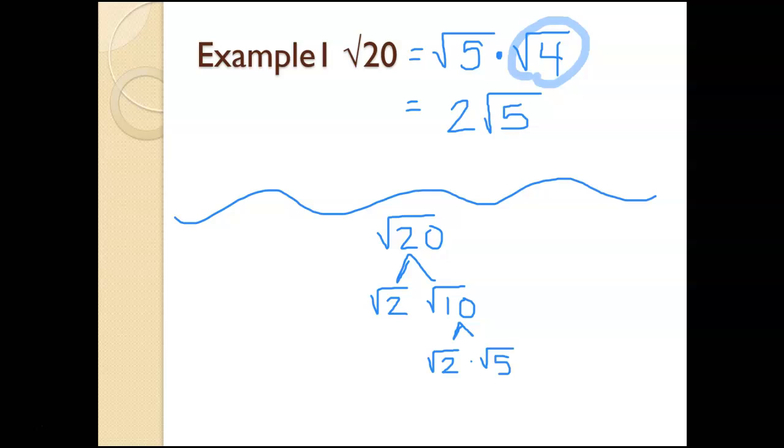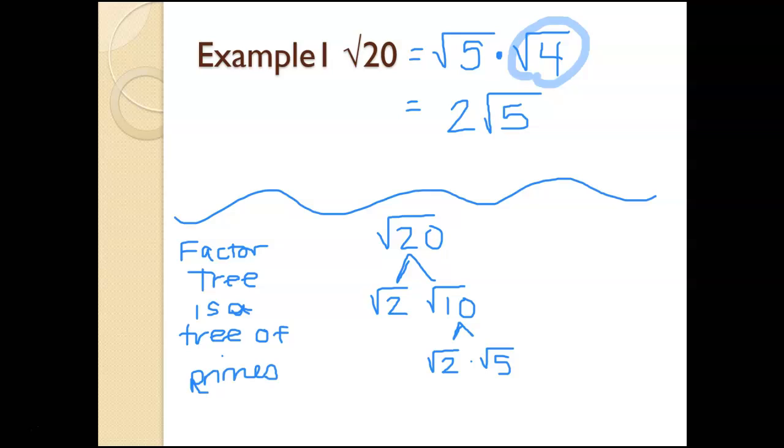So for a factor tree, you are trying to rewrite the number as the factors of all its primes. A factor tree is a tree of primes. And then what you do to simplify a square root with a factor tree is find your duplicates.